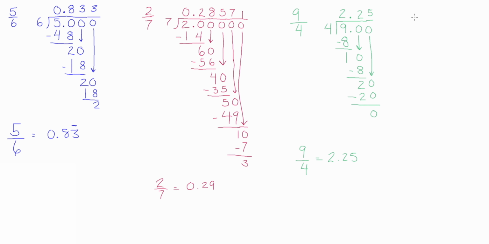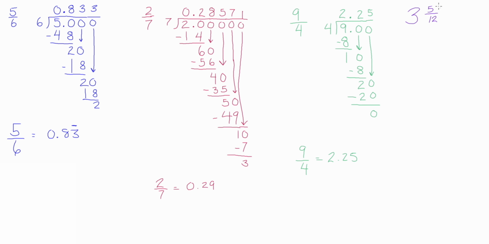We'll finish with one more example looking at a mixed fraction. Let's convert 3 and 5/12 into a decimal. When we have a mixed fraction, we have a whole number, in this case 3, and a fraction, or part of a whole, in this case 5/12. We're not going to worry about the 3 right now.